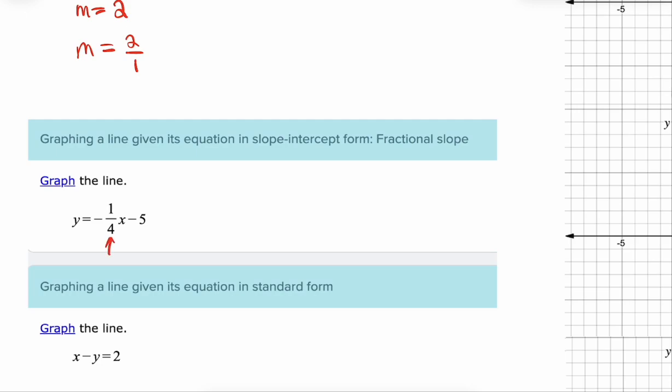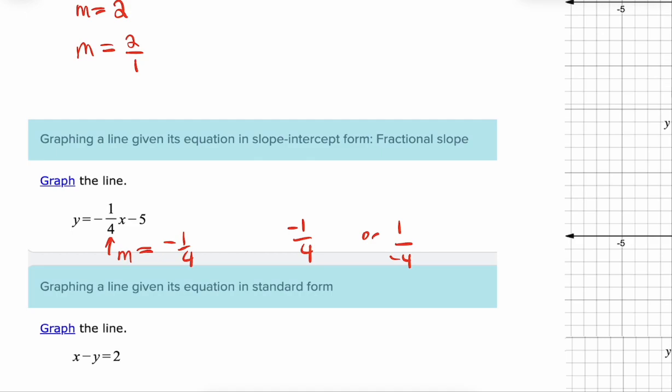In this case, our slope is -1/4. Now you can keep the negative in the top, so you can do -1/4, or you can do +1/-4 when you're talking about the rise and the run. A positive divided by a negative is the same as a negative divided by a positive. So it doesn't matter. Pick.